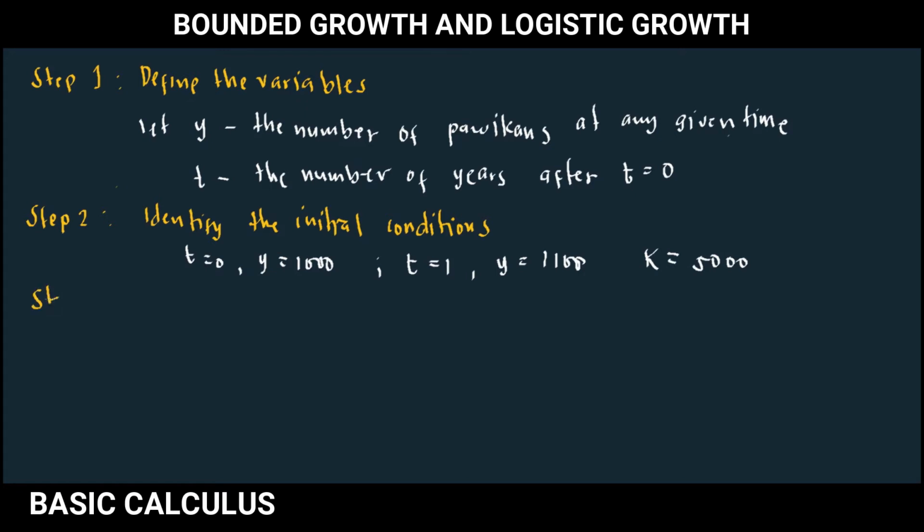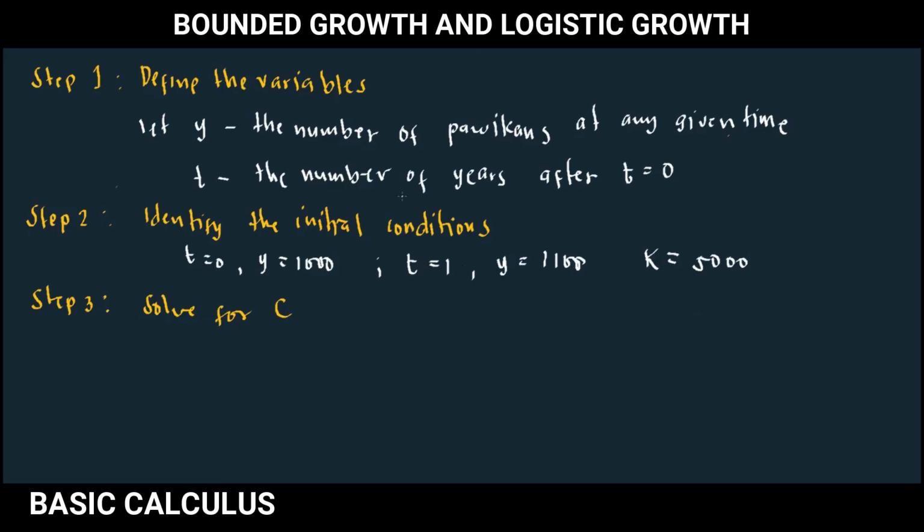Then for our third step, we need to solve for the value of c. To solve for the value of c, all you need to do is plug in the first initial condition and the value of k, our carrying capacity, into our general solution for the bounded growth.